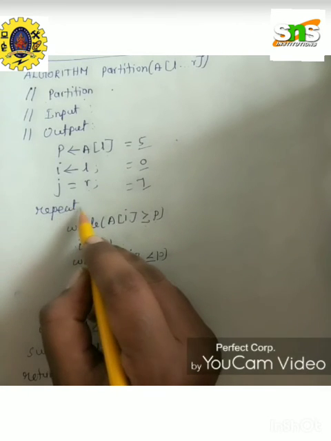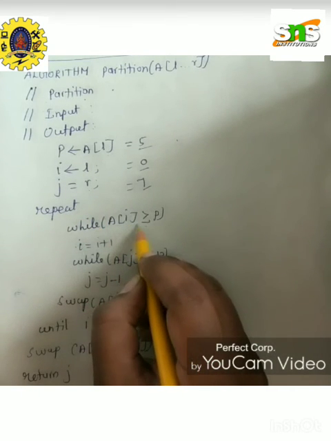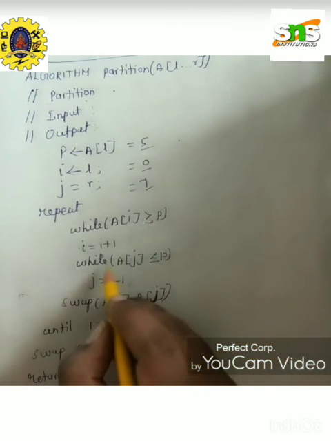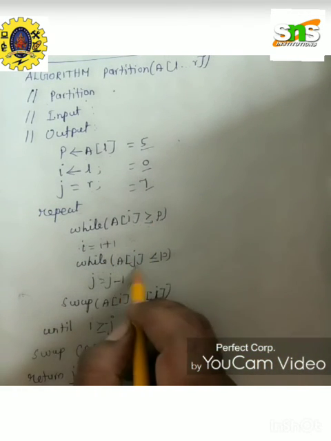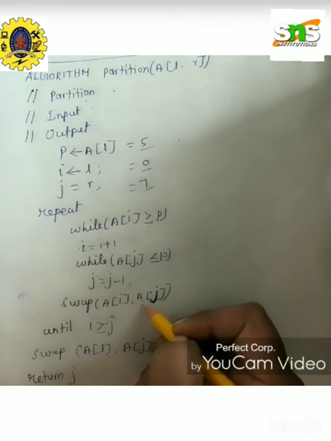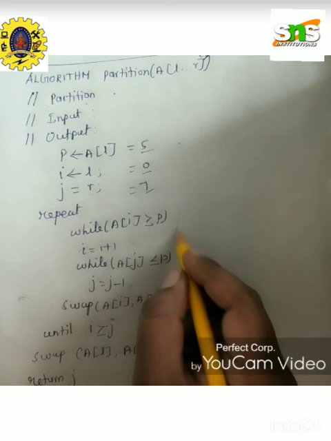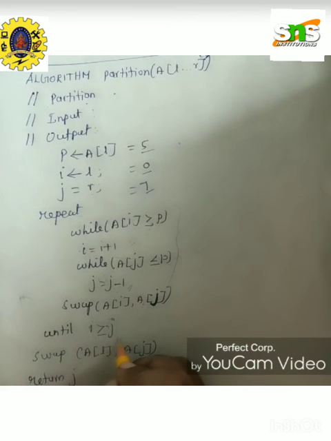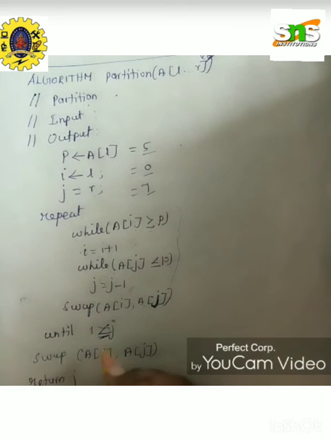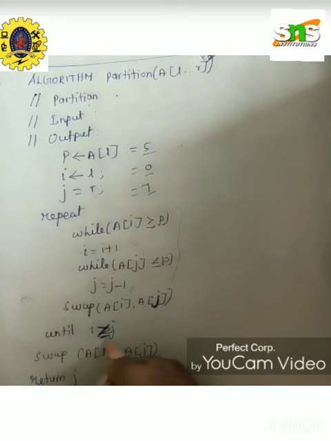Here repeat, this is a do statement: while A of i is less than or equal to P, i is equal to i plus 1; while A of j is greater than or equal to P, j is equal to j minus 1, then swap A of i and A of j values. This will be repeated until i is greater than or equal to j.